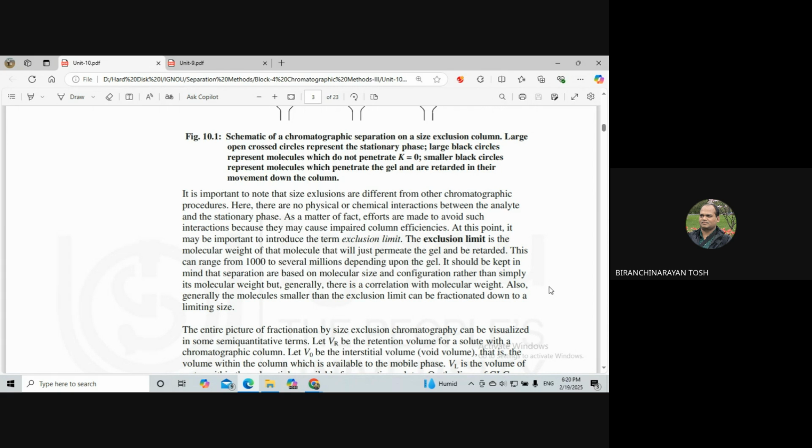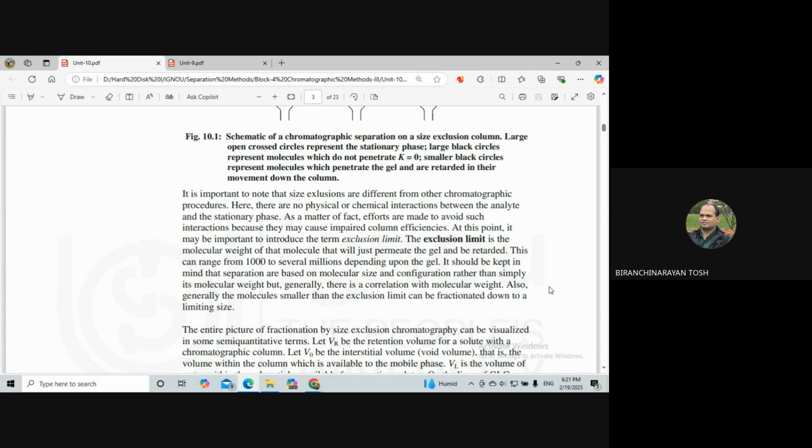Different types of polymer samples will be separated and we can find out the number average molecular weight, and also how many different types of molecules are there in which range. We can also find out the degree of polymerization and the polydispersity index.